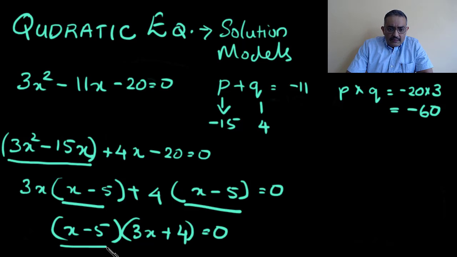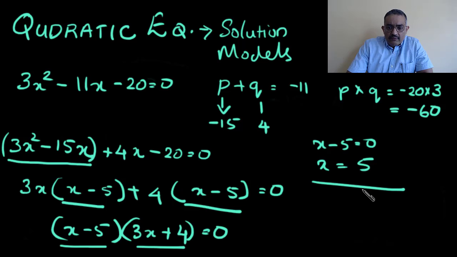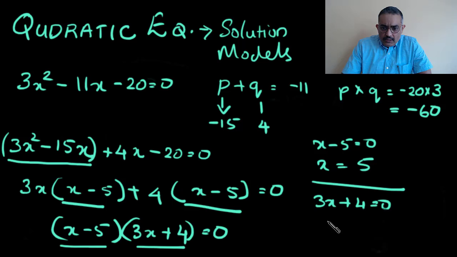It would be this or this: x minus 5 equal to 0, so x equals 5, or 3x plus 4 equal to 0. The 4 goes to the other side and becomes negative 4, divided by 3, and that's the other answer. So x would be equal to 5 or negative 4 by 3.